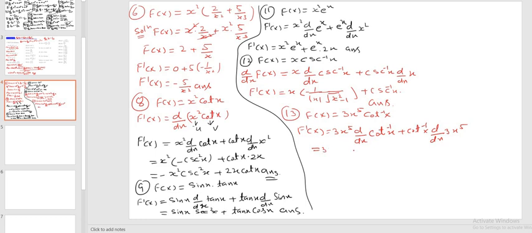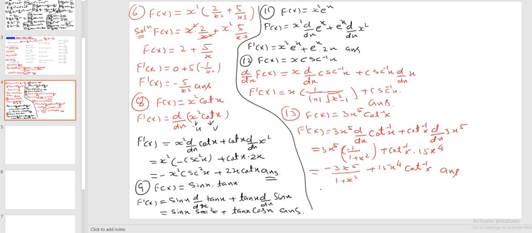So 3x to the power 5 into the derivative of cotangent inverse, which is minus 1 divided by 1 plus x square, plus cotangent inverse of x multiplied by 3 multiplied by 5, 15 x to the power 4. Just simplified, it comes minus 3 x to the power 5 divided by 1 plus x square plus 15 x to the power 4 into cotangent inverse of x. This is your answer of question number 13.